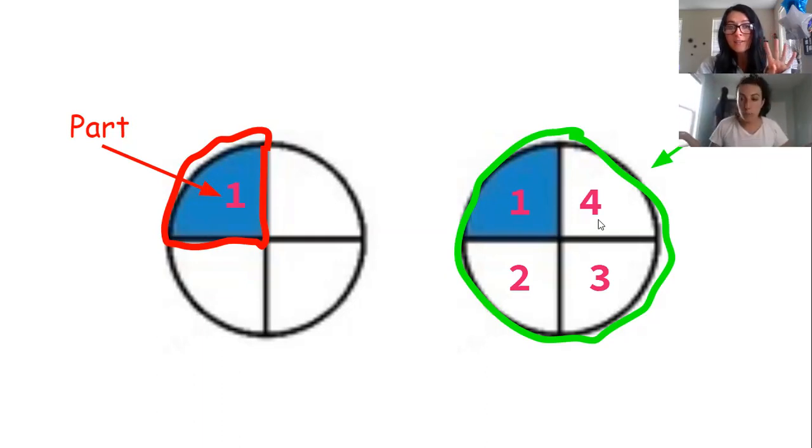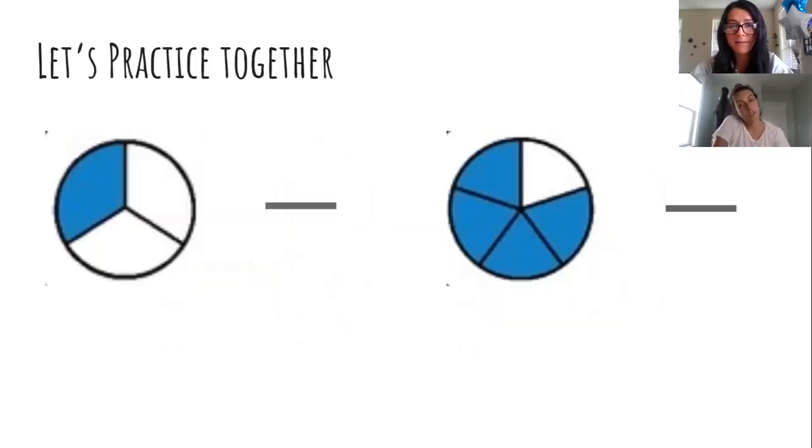So there are 4 pieces in all. So the whole must be 4. Let's see if we were right. Oh my goodness, I forgot. Our answer was before. We know that the fraction is 1 part over 4 equal pieces. Wow.